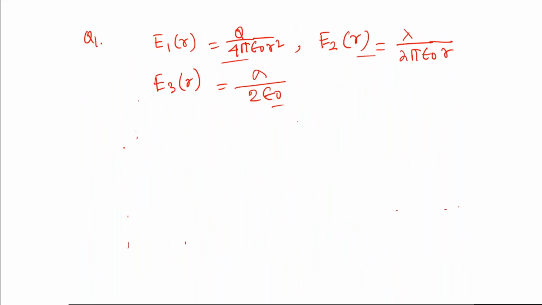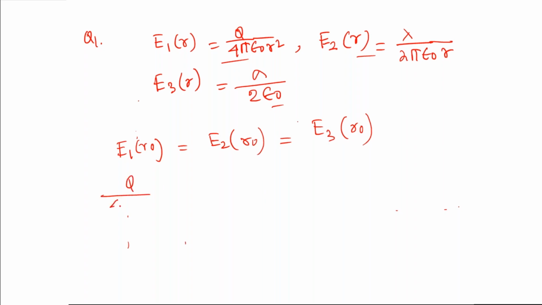So E1 at R0 means Q by 4 pi epsilon naught R0 square, which equals lambda by 2 pi epsilon naught R0, and this is sigma by 2 epsilon naught. This is a very simple problem if you remember the expressions for the electric fields. So this condition we have got. Let us see what the options are. The first option says Q. What is the value of Q?